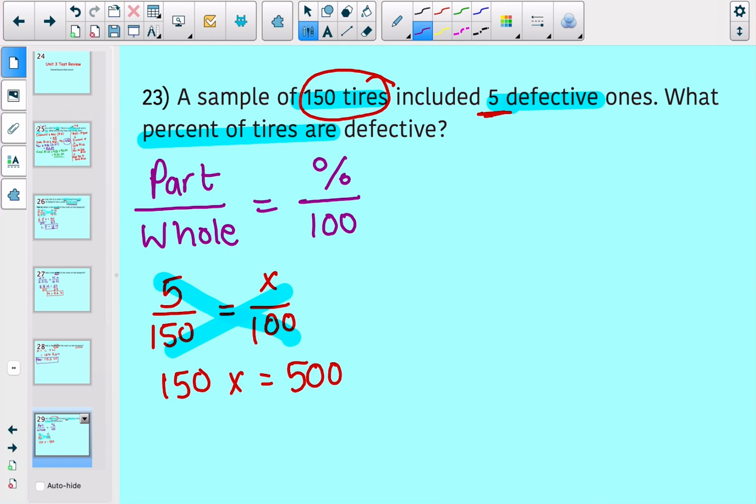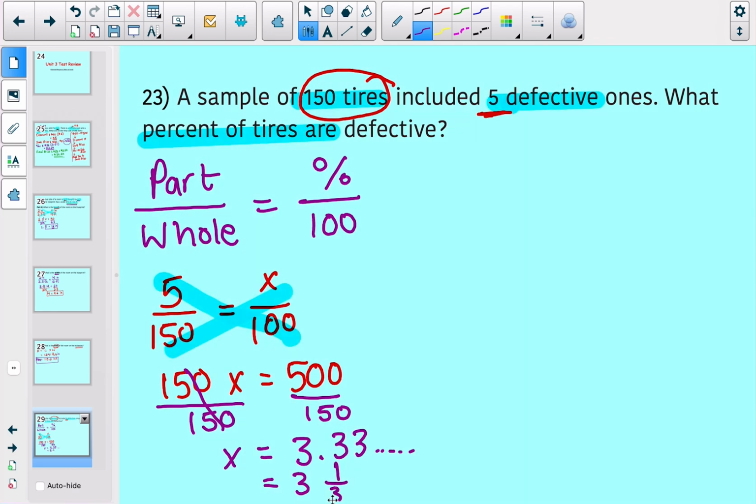So 150 times x gives me 150x, and 5 times 100 gives me 500. Now to get rid of this 150, I must divide each side by 150. So I will have x equal to 3.33, or I can say 3 and 1/3 if I want to write it as a fraction.